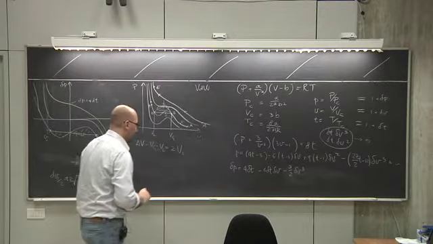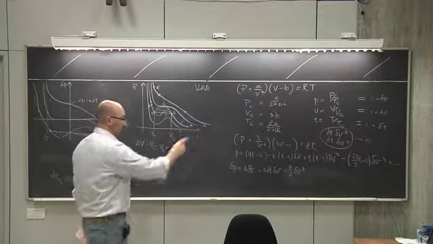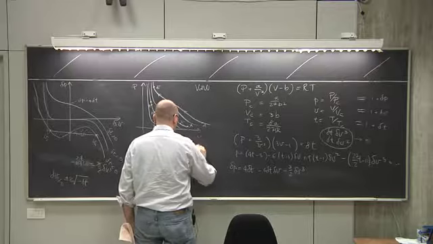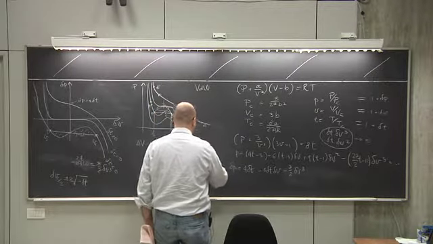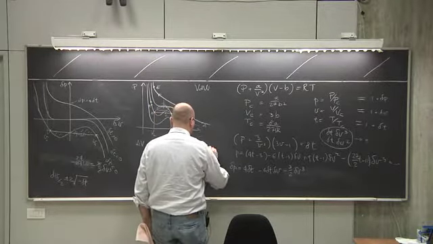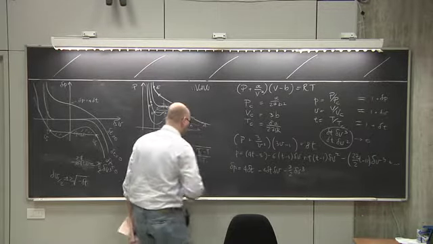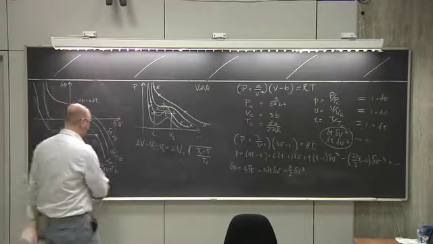Let's remember that the scale was Vc, because we divided by Vc. And so this is the square root of minus, actually Tc minus T divided by this. 2 times 2 is 4.